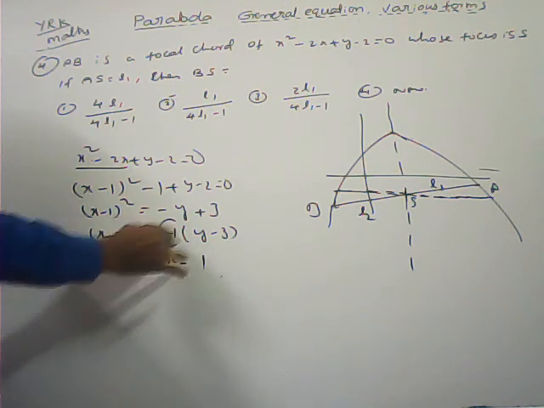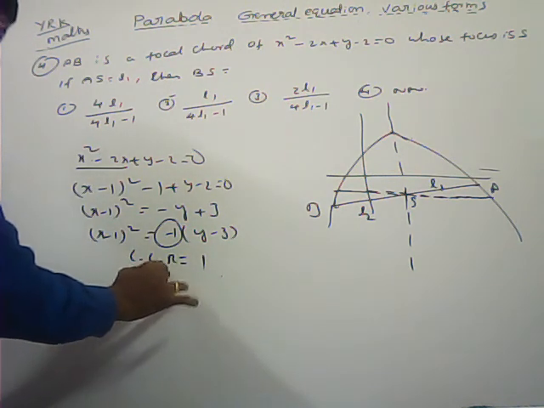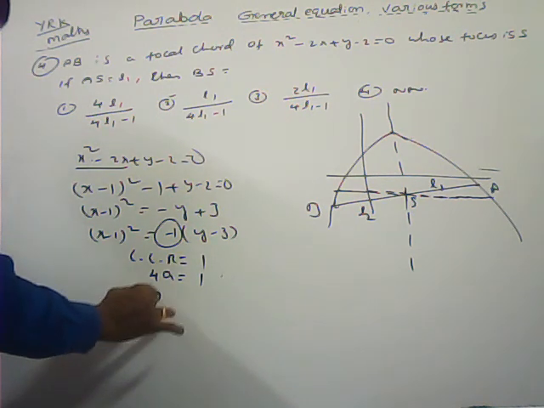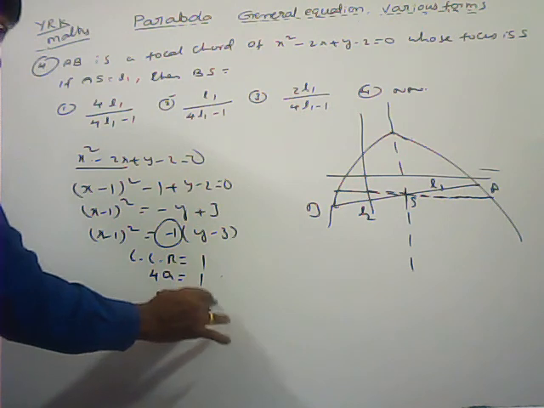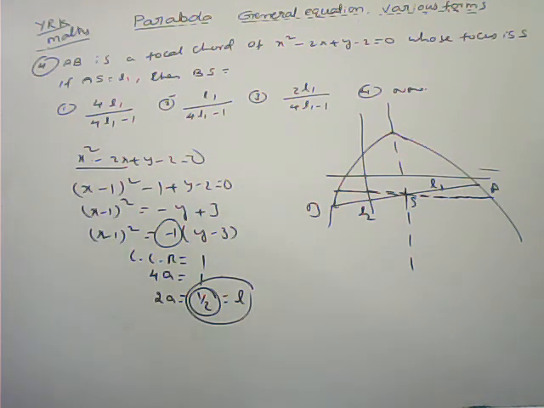The length of the latus rectum is 4A, so 4 into A is equal to 1. The semi-latus rectum is 2A, dividing by 2, it is 1/2. I am taking the semi-latus rectum as L.